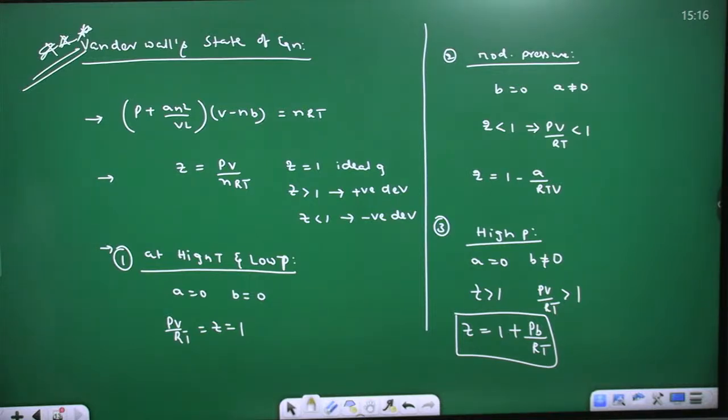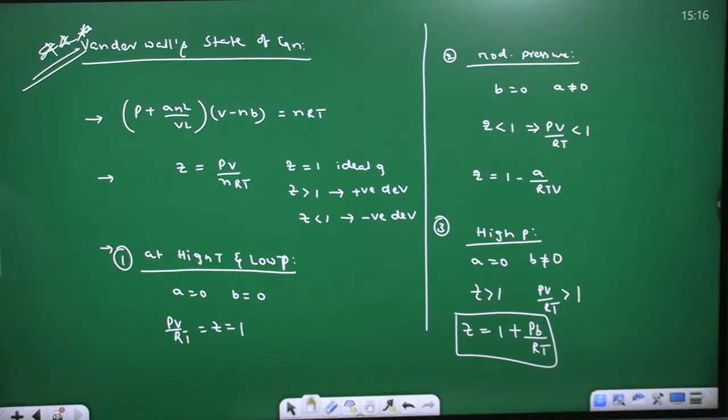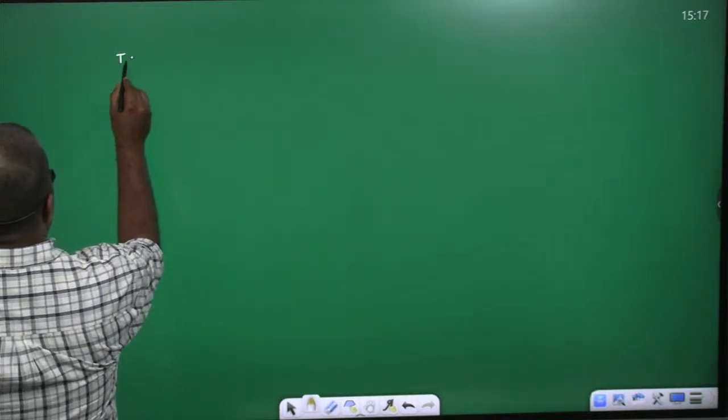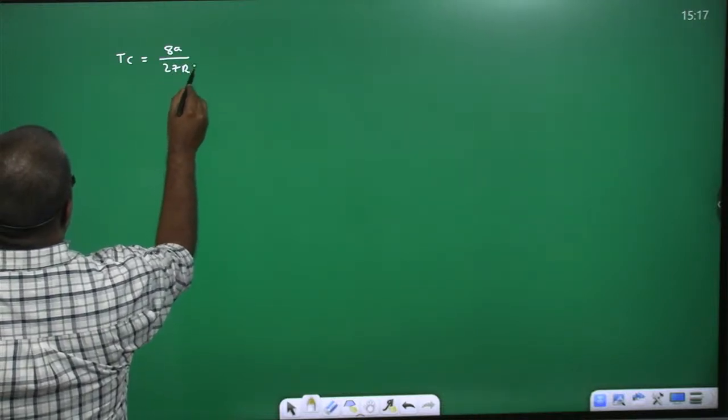Next one, critical constants. TC, critical temperature, equals 8A by 27RB.